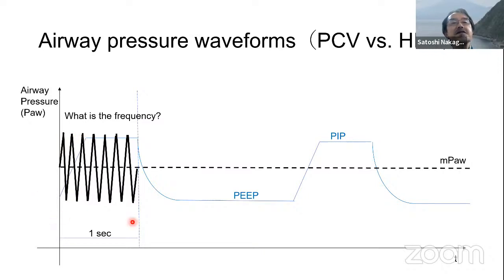This time frame is 1 second, and there's 8 hertz in frequency. So this diagram provides the 8 hertz of frequency in high-frequency oscillation. And there is no PEEP and PIP in high-frequency oscillation. The mean oscillating airway pressure is the mean airway pressure.